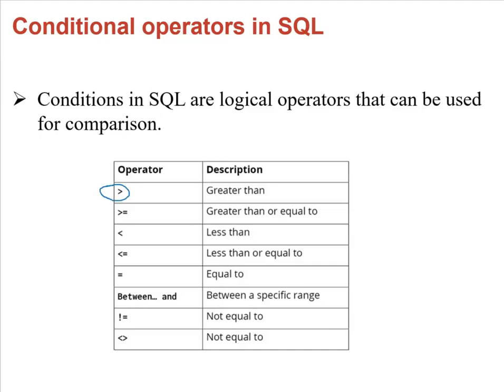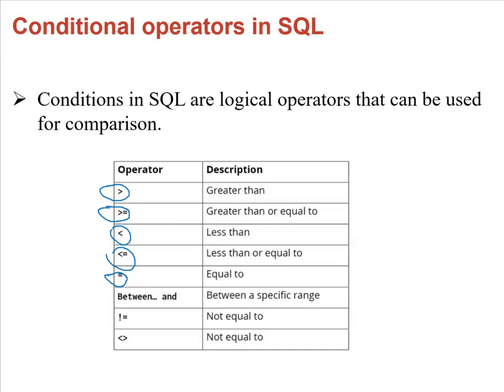If you want to check whether something is greater than or equal to, you add the equal sign to it. And then this is less than or equal, this is equal. In some languages like Python, the equal is like 2 equal signs, so they can vary. But in SQL, it's just 1 equal sign.